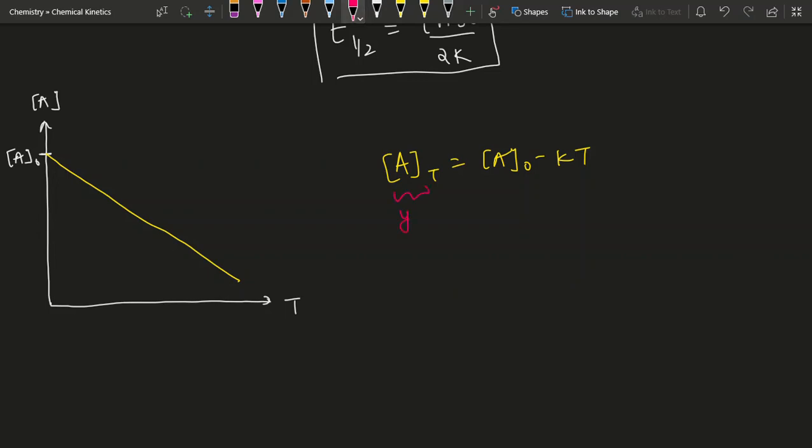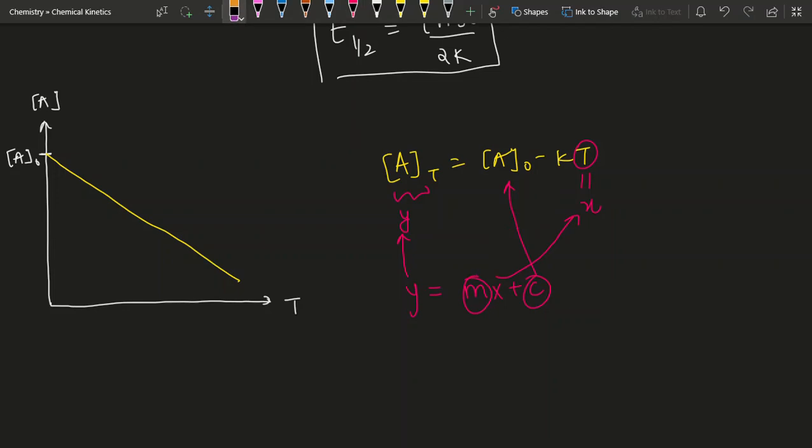This is what you represent on the y-axis. This is what you represent on the x-axis. And if you look at this carefully, the equation of the straight line is y equals mx plus c. So y here corresponds to A, x here corresponds to capital T, c here corresponds to capital A naught, and m here corresponds to negative of k.